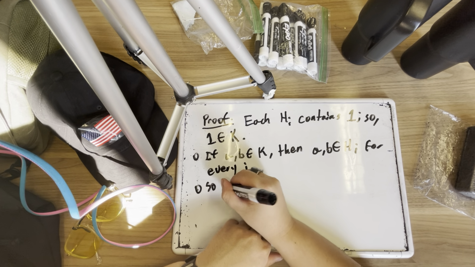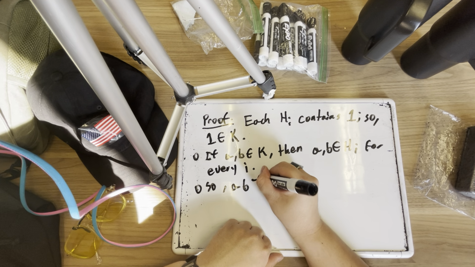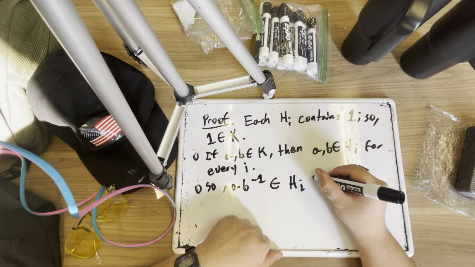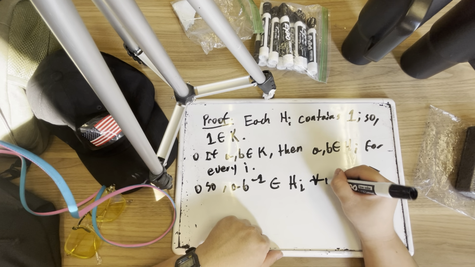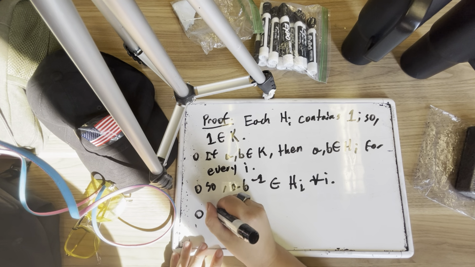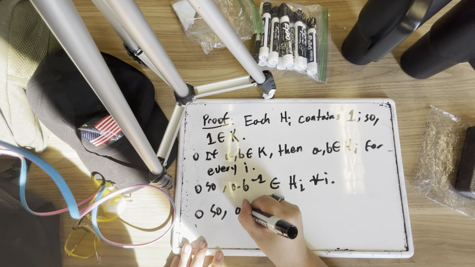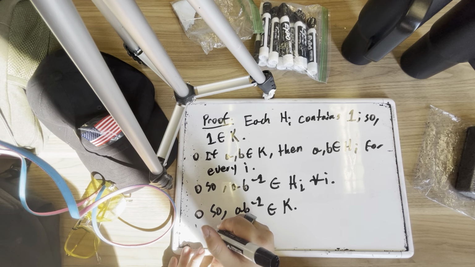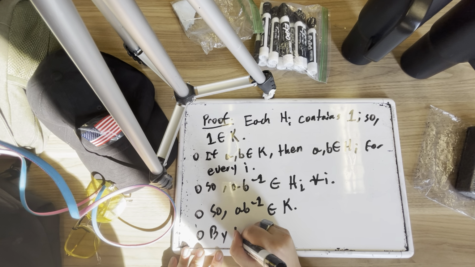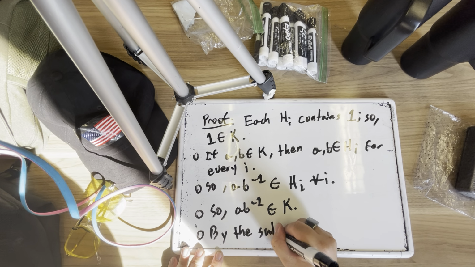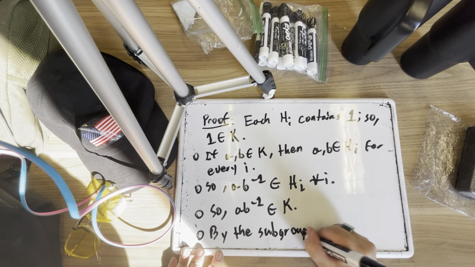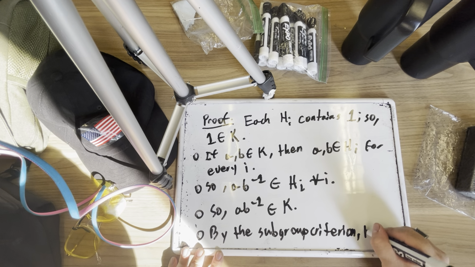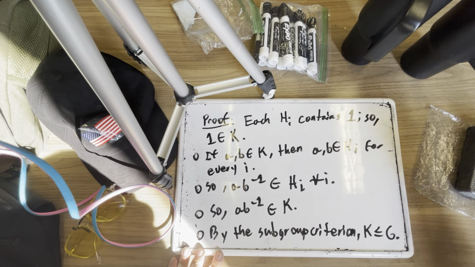So, a b to the negative 1 is an element of H sub i for all i. Therefore, a b to the negative 1 is contained within K. So by the subgroup criterion, K is a subgroup of G. All right.